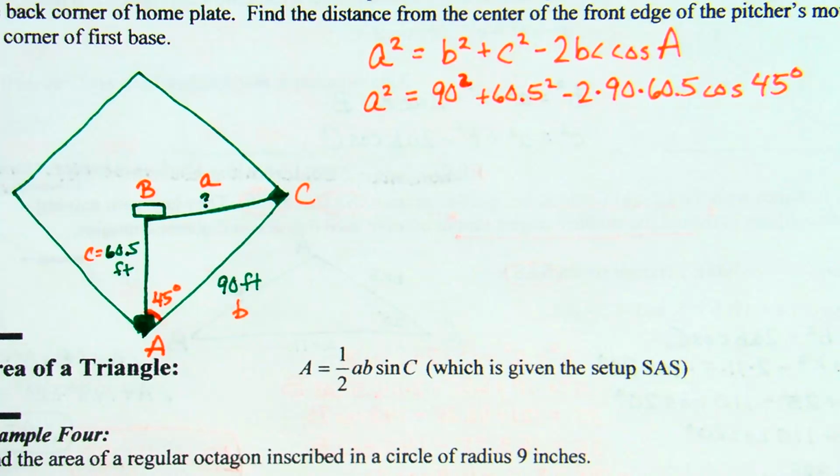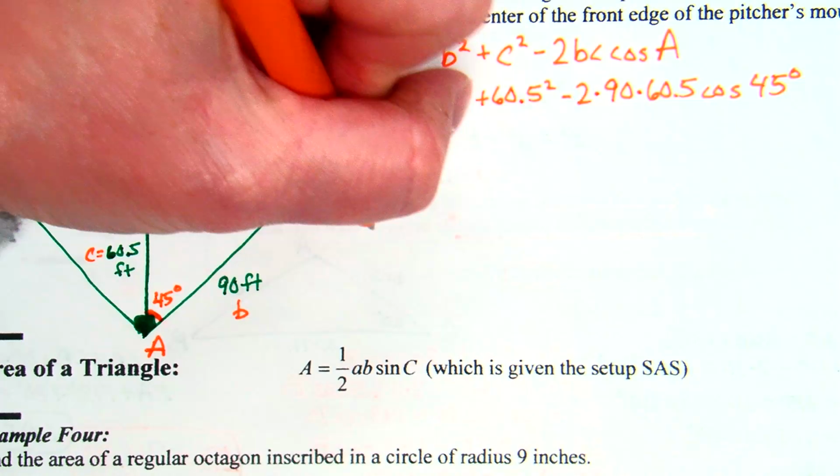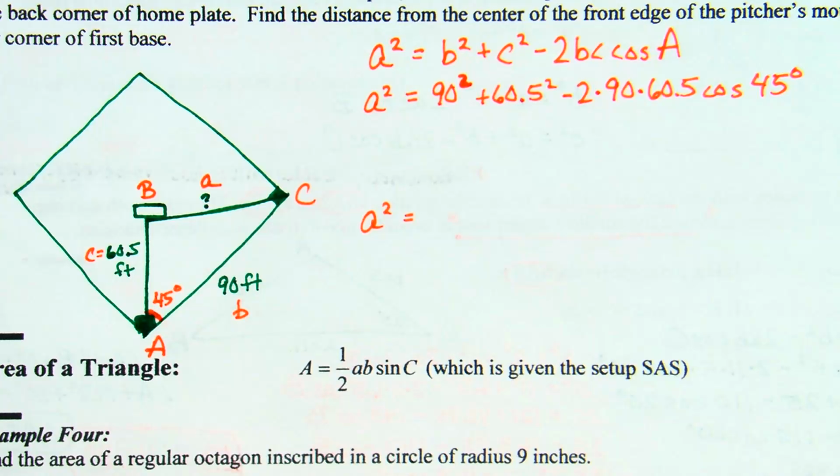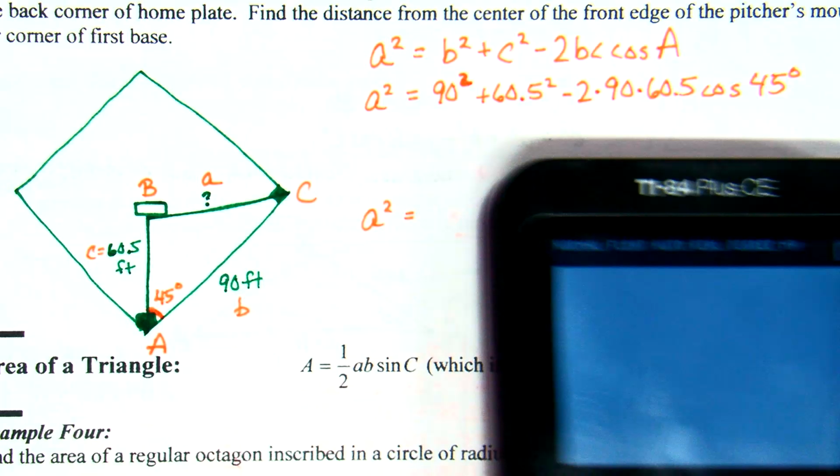You could go ahead and do 2 times 90 times 60.5. You can go ahead and plug that in. The only key is that after we plug it in, we're still going to have to do the square root.